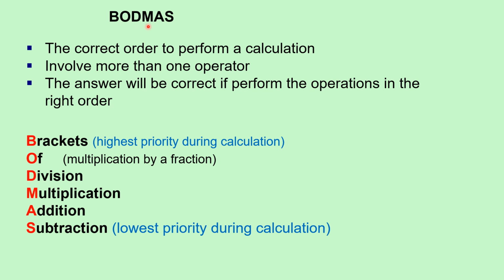So these are the important rules that you have to follow when you want to solve any problem in mathematics. BODMAS will help you to do the correct order for performing a calculation, so it will involve more than one operator. That means it has addition, multiplication, division, and so forth. The answer will be correct if you perform the operations in the right order. So you have to know what is meant by BODMAS.